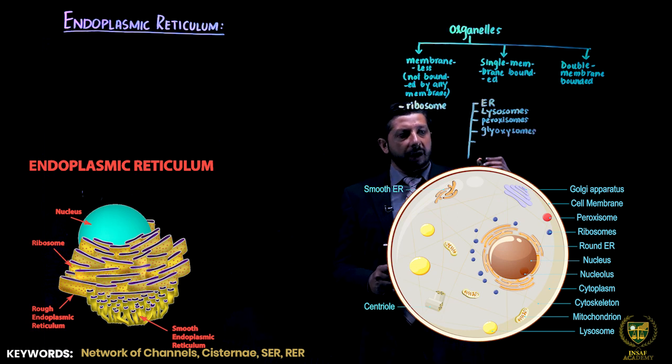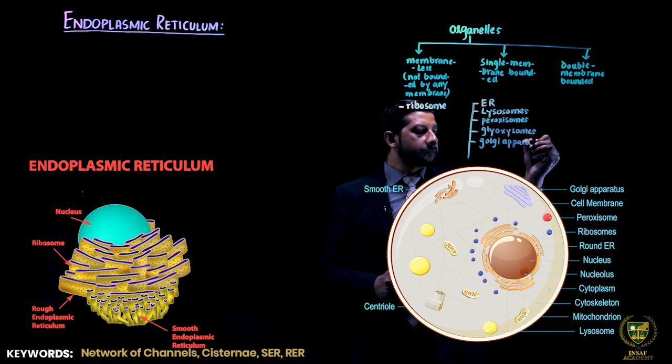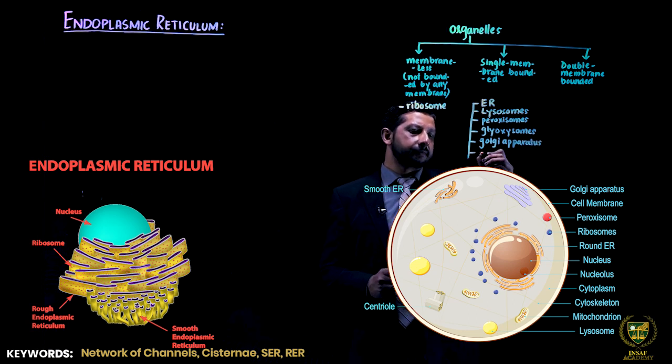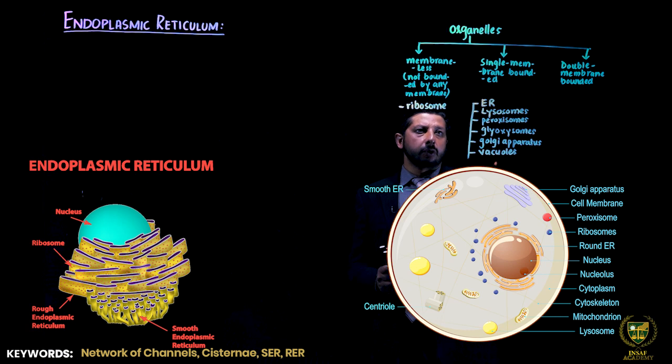Number five are the Golgi apparatus. And number six, vacuoles. Okay. So all these will be discussed in detail.